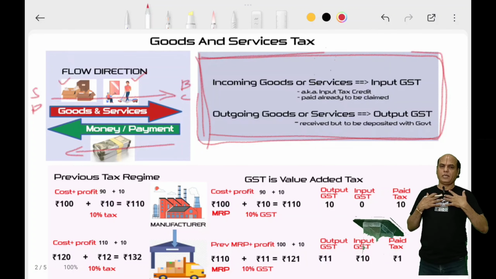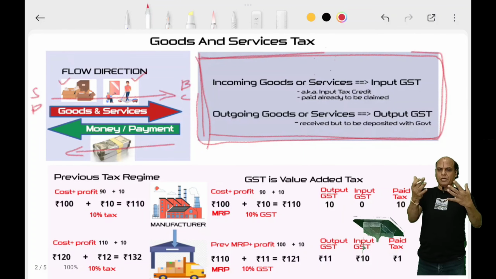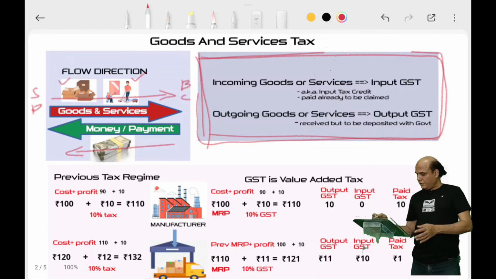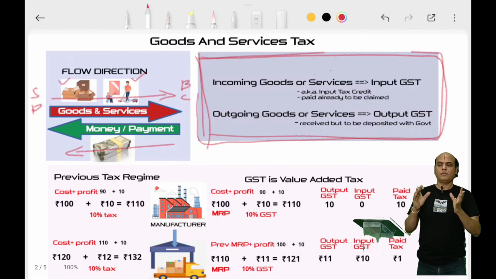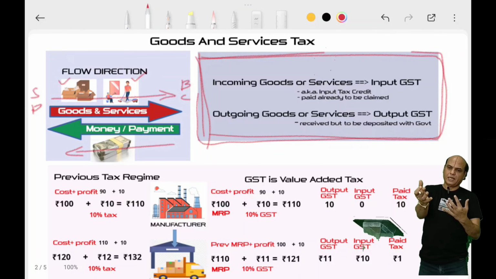If I am a taxpayer and I am consuming some goods and services, so the goods and services are coming to me, this is input GST for me. This is input tax credit. This input tax credit I have already paid. Because I am consuming some goods or services, I will pay to the seller or service provider.